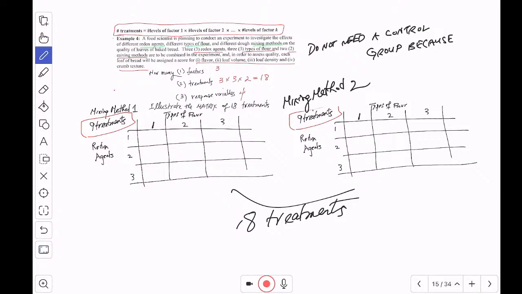I have controlled by controlling the factors and making sure all the different types of bread have a combination of the levels of the factors. But I don't have a control group where they receive no treatment. They're all treatment groups.